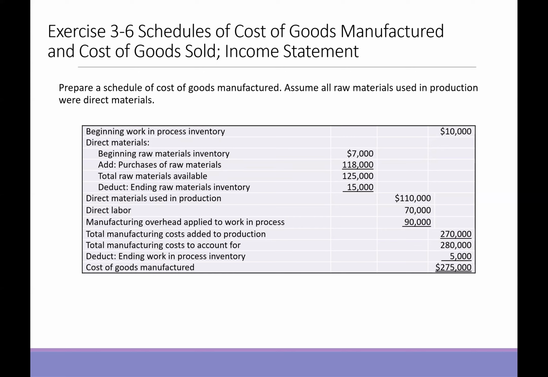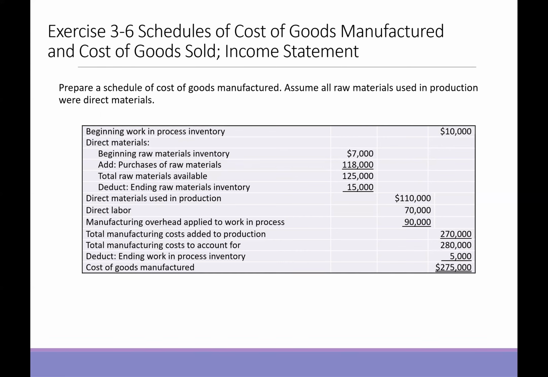The direct materials that flow into our work in process are determined by figuring out our beginning inventory, adding our purchases, showing what's available, less our ending inventory.